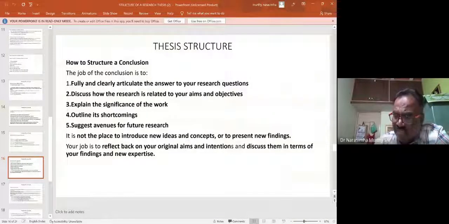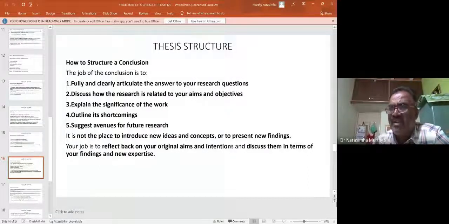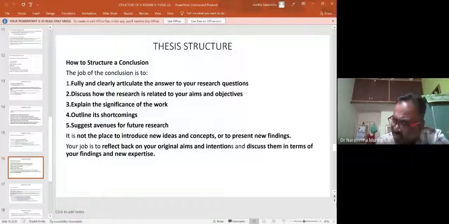Remember, first and foremost thing, in a research thesis, have you completely and clearly articulated the answer to your research questions? Remember, we all begin with these research questions. And those research questions, you'll be always discussing all through the thesis, all through the article. Finally, you should be able to check, verify, because that is the motto of writing a conclusion.